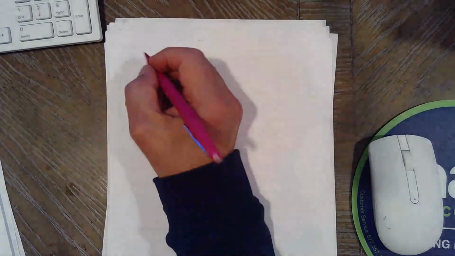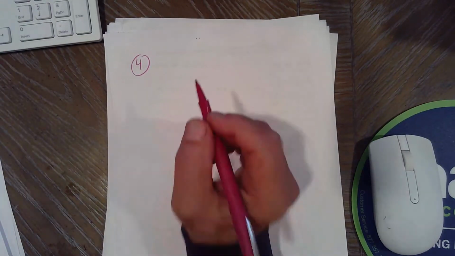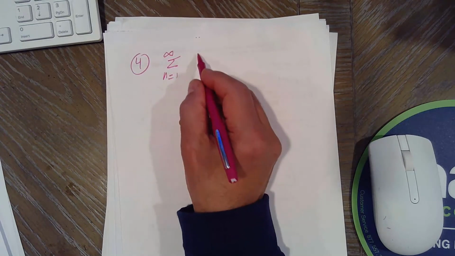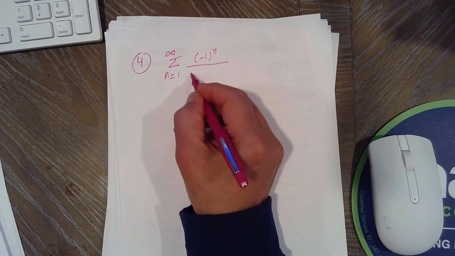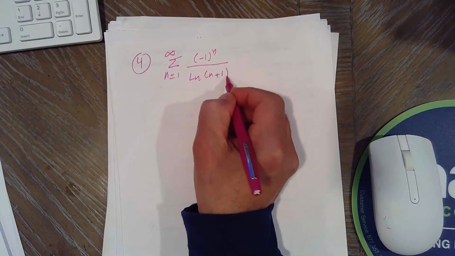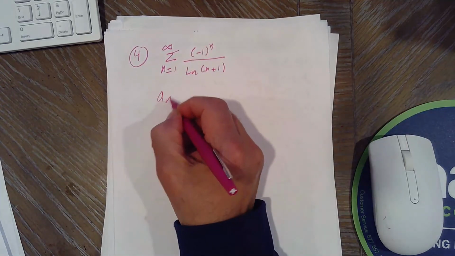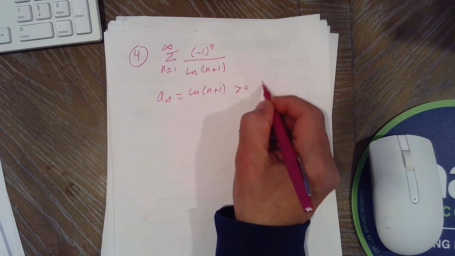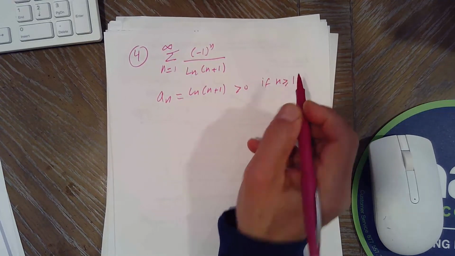Okay, example 4. The sum from 1 to infinity of negative 1 to the n over ln of n plus 1. Again, an is 1 over ln of n plus 1, which is positive if n is greater or equal to 1.